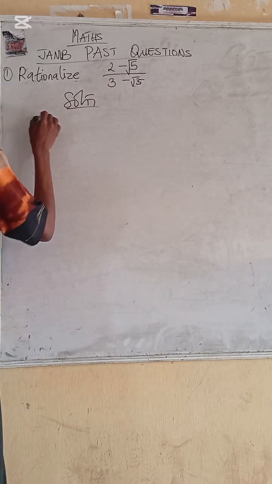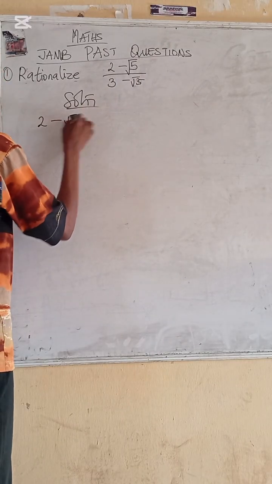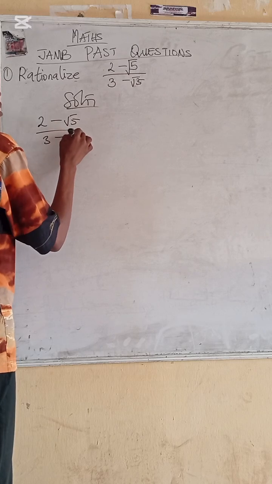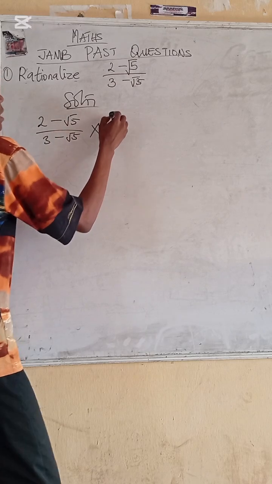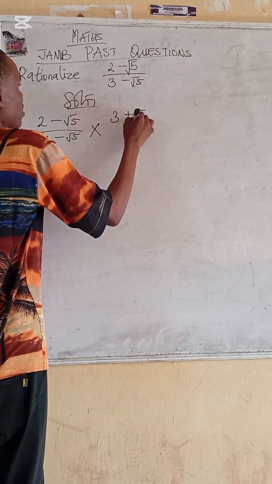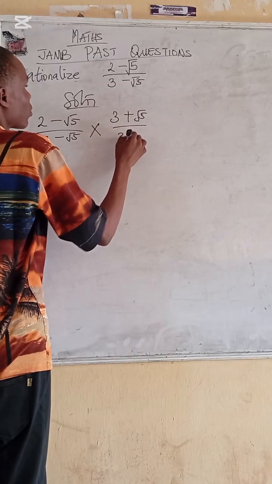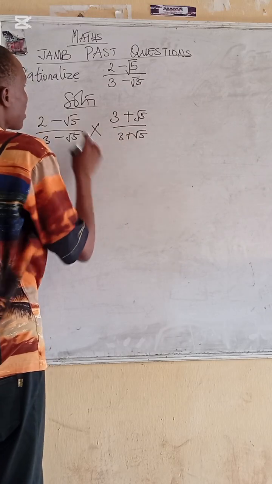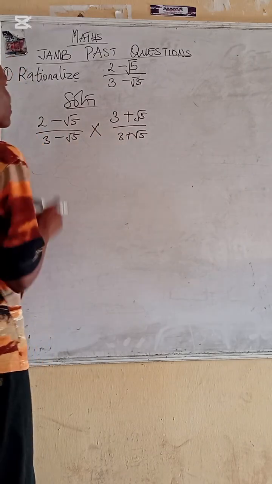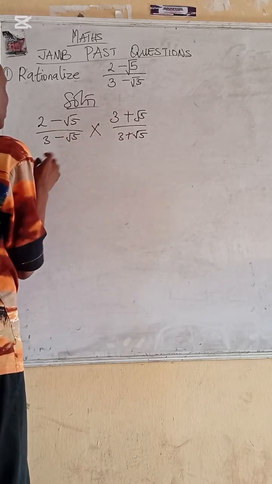So we have 2 minus root 5 all over 3 minus root 5. You find the conjugate and multiply by it, which is 3 plus root 5 all over 3 plus root 5. Now this multiplies this, and this multiplies this.